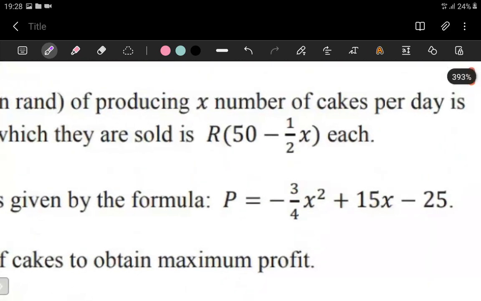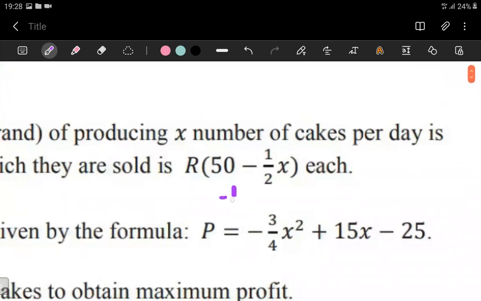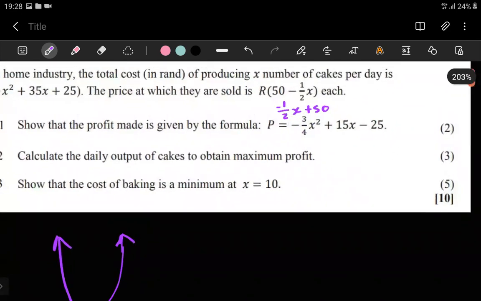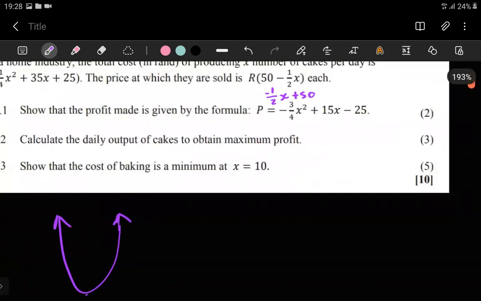If you look at it nicely, this equation in standard form would look something like this, plus the 50 there. A straight line like this would draw a graph that looks like that, clearly telling you that the more cakes you make, the lower you're going to be charging for those cakes.